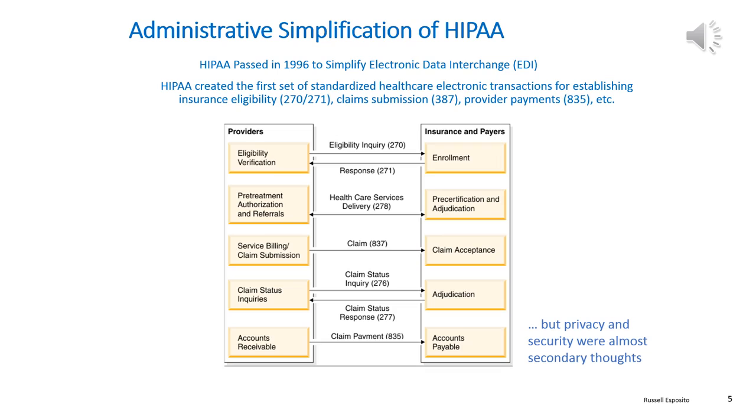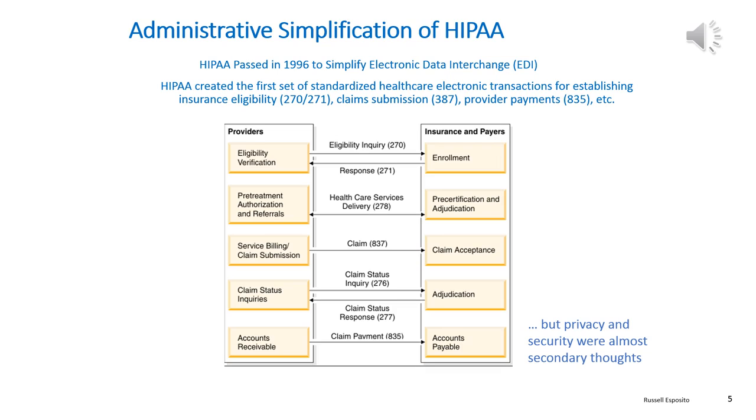The provider sends a 270, it asks, is this patient covered? They send the transaction to the insurance company electronically. The insurance company answers with a 271, the very first block here in these two columns. They send a response back that says the person's covered or not covered, with some details about eligibility.